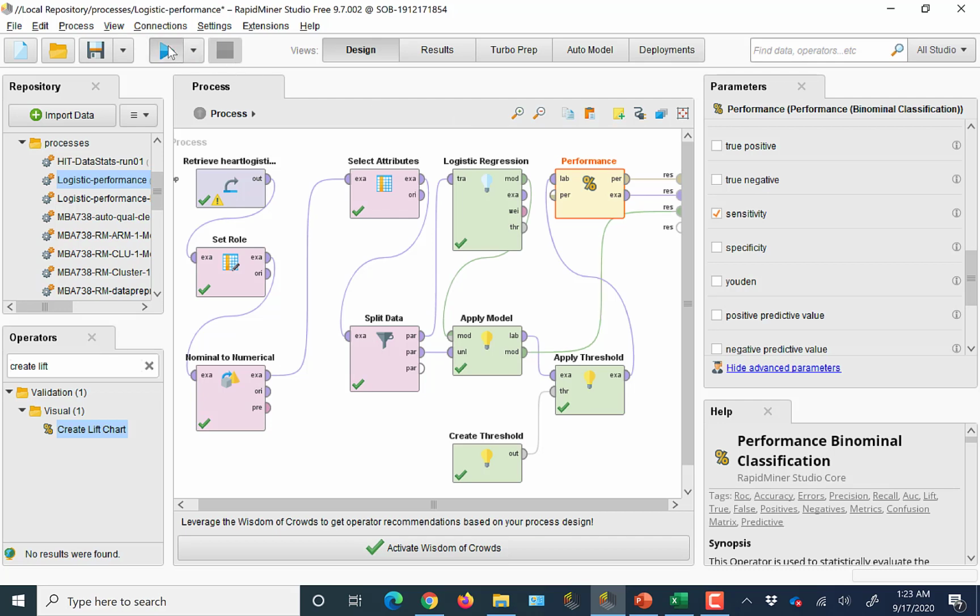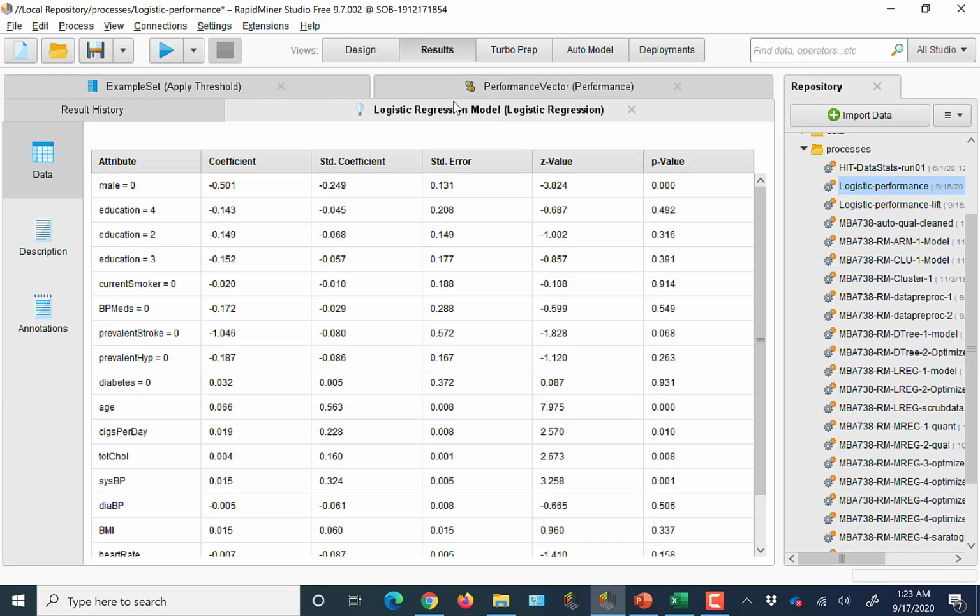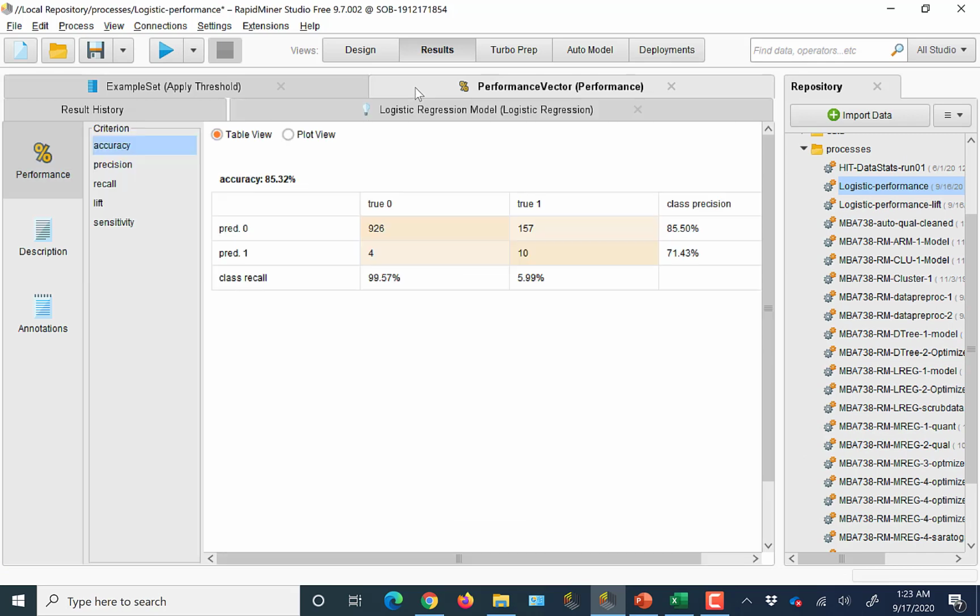Let me run this process, and here is the confusion matrix that results from this model, from the training, and this is with the validation data after the model has been trained. Just remember, true equal to 1 means the individual actually has coronary heart disease. 0 means they don't.